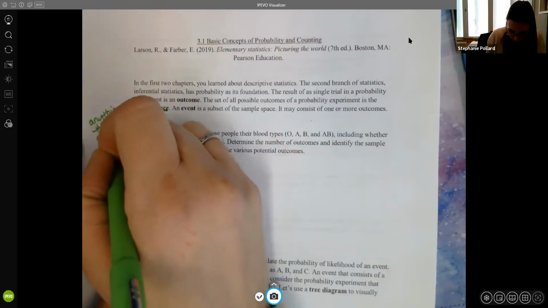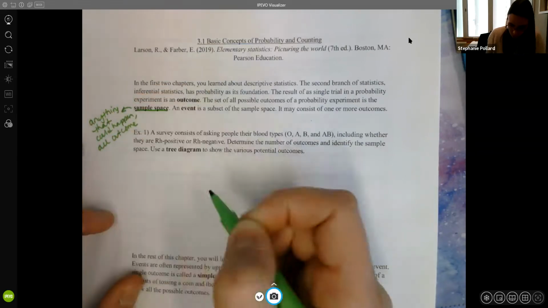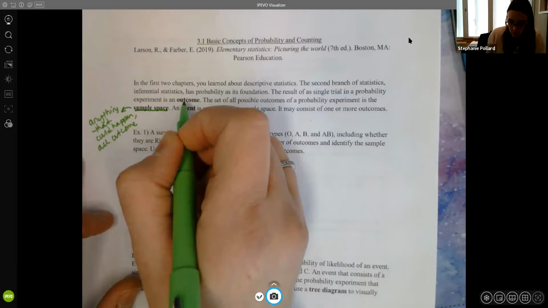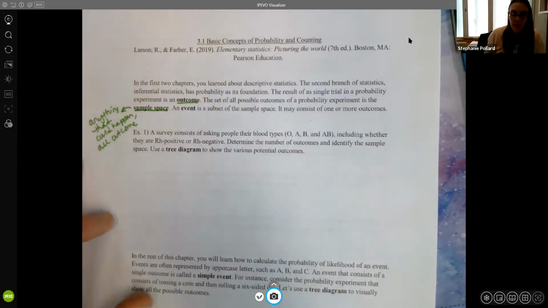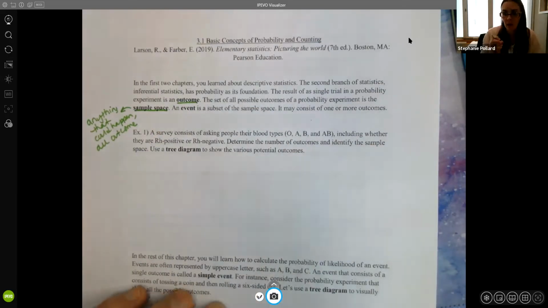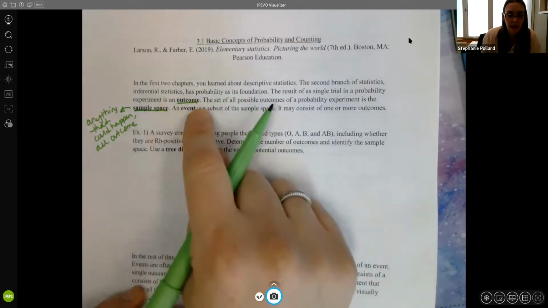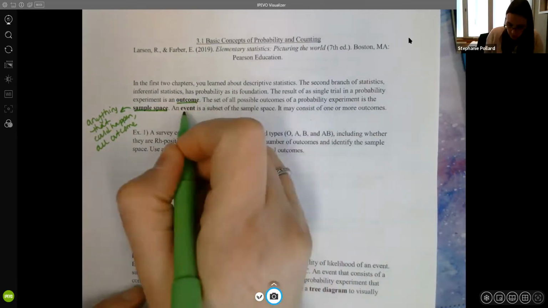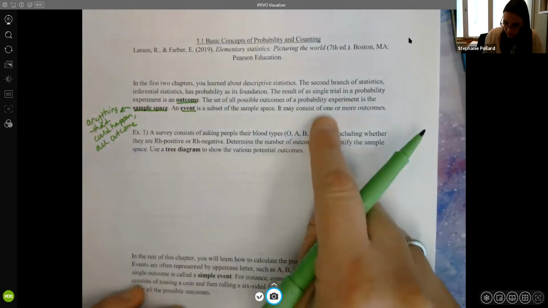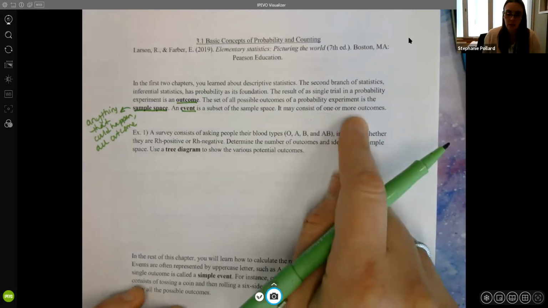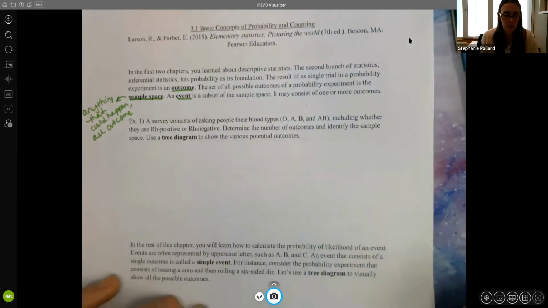So all possible outcomes. And then an outcome refers to what actually does happen. So a particular specific outcome, not just in general. An event is a subset of the sample space, and it could consist of one or more outcomes. So we'll look at some examples. I think this will make a little bit more sense.